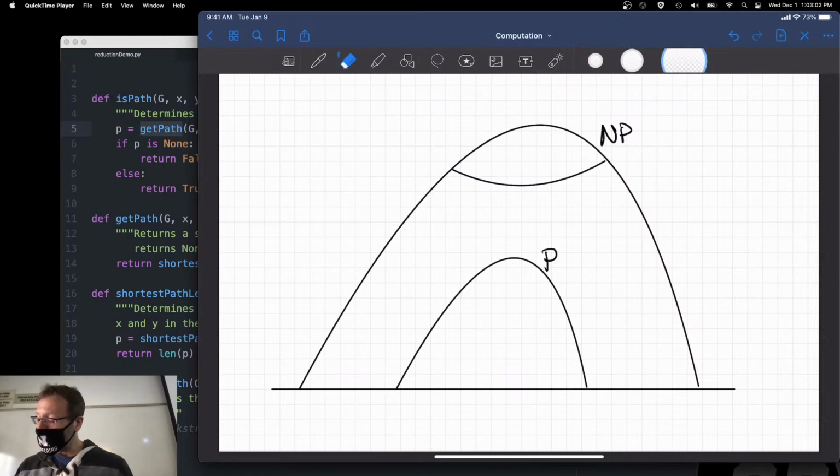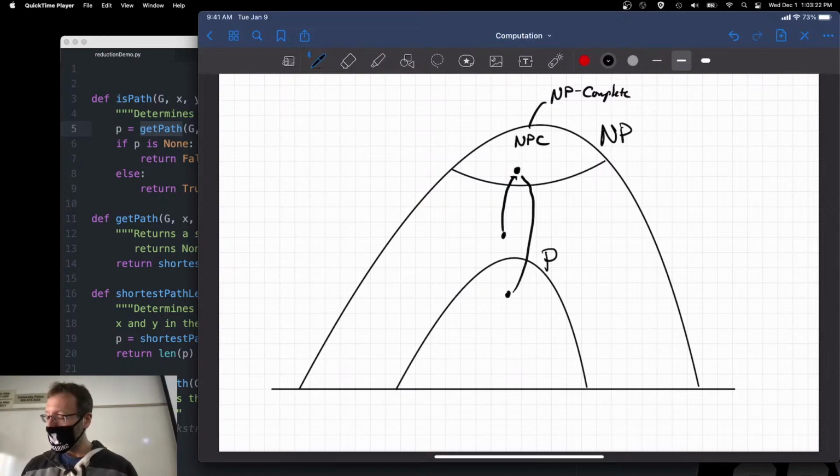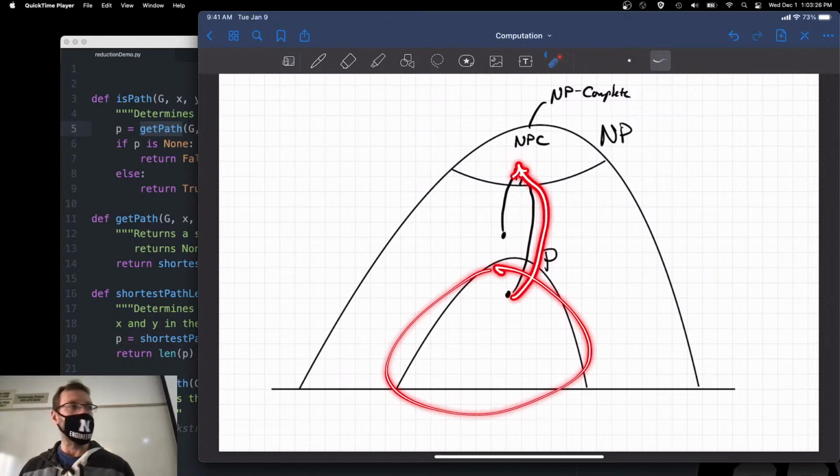But what this does is establish a new class of problems called NP complete problems. This is NP complete. These are the hardest of the hard. By definition, everything in NP reduces to it. Anything in this complexity class P reduces to it.